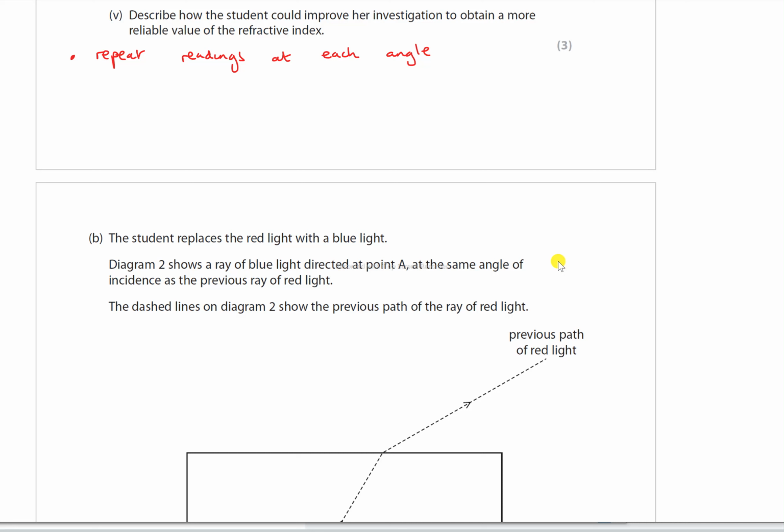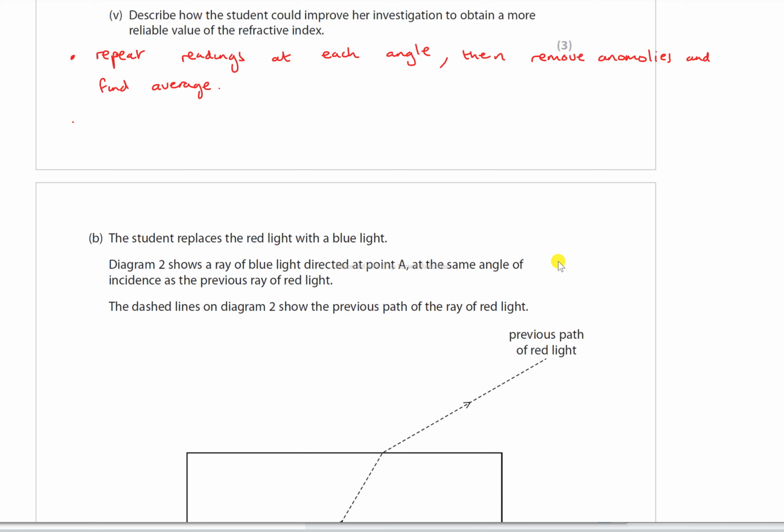Then remove anomalies and find the average.